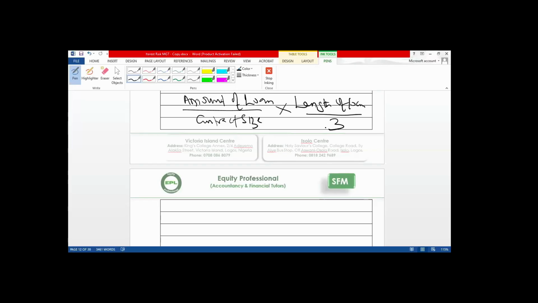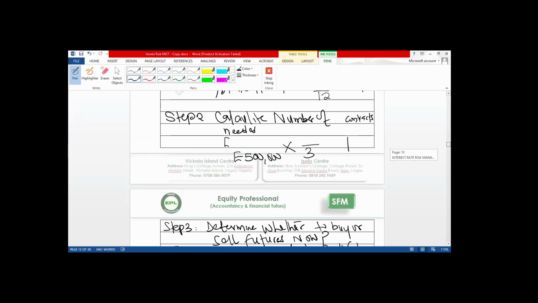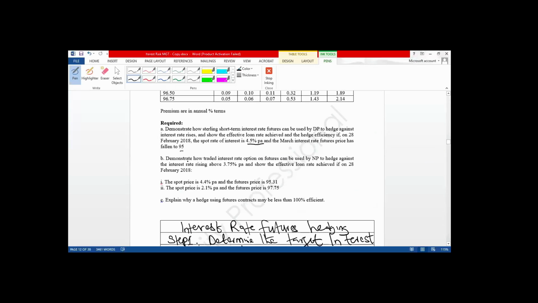Now let's look at requirement B. Examiner says demonstrate how traded interest rate option on futures can be used by DP, Dominion PSC, to hedge against interest rate rising above 3.75% and show the effective loan rate achieved.